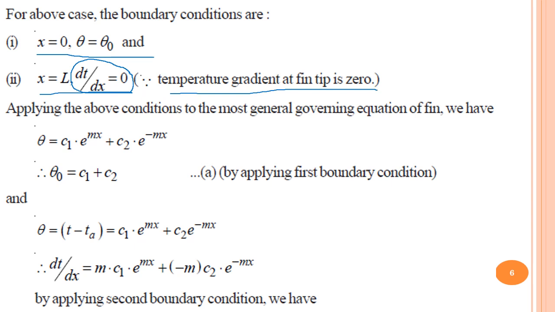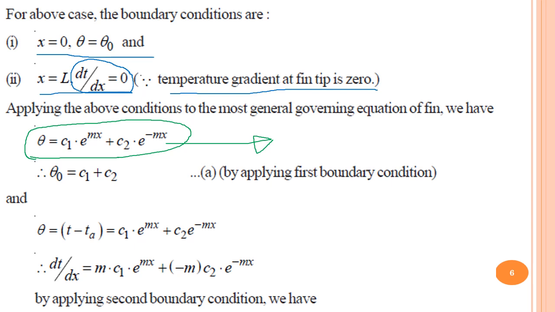Now friend, in the last video we derived the most general equation: theta, that is the temperature excess, T minus TA, equals C1 e raised to mx plus C2 e raised to minus mx. This was derived in the previous videos.